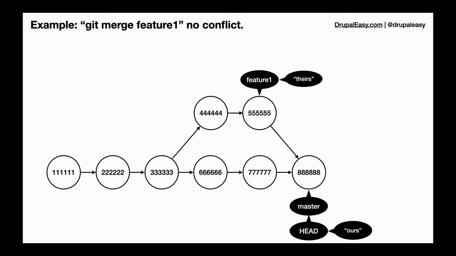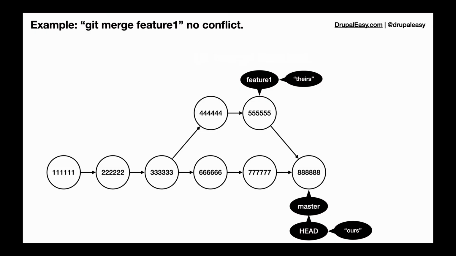It gives that commit the proper hash, which is again a calculated value, in this case 888888. This is not a commit that anybody created manually by modifying code. This is an artificial commit, or some people call it a merge commit, that Git creates in order to rectify two divergent branches. And really, that's it.